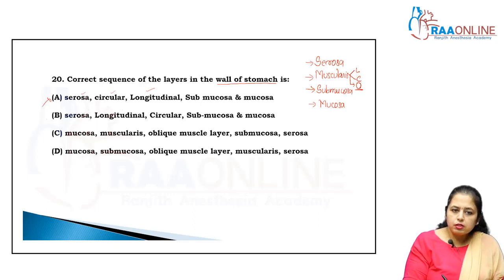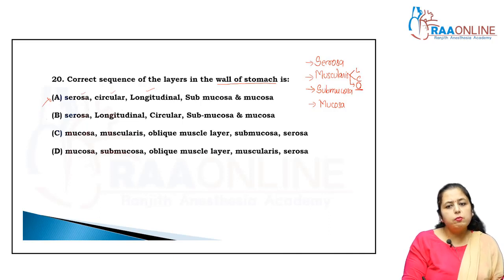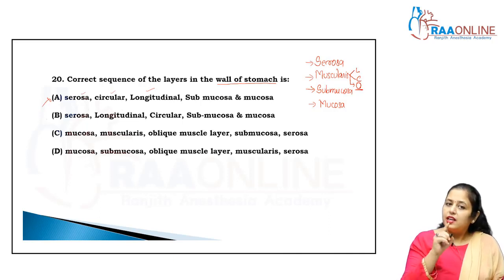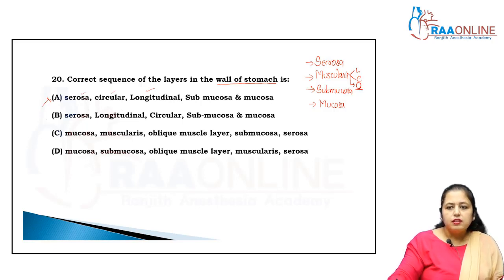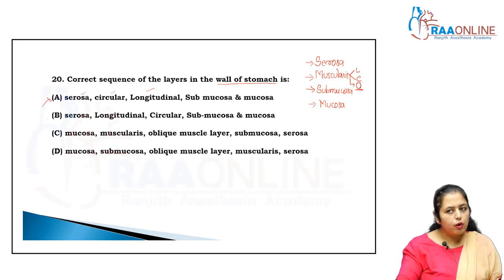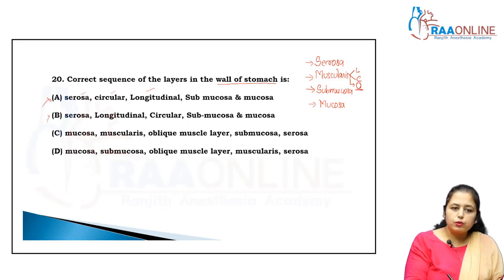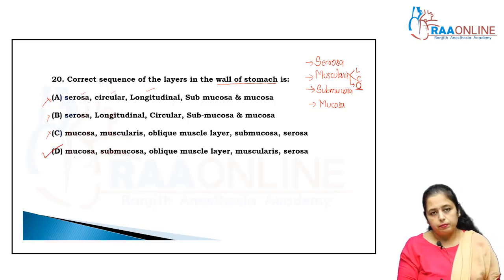In the third, mucosa, muscularis, oblique, submucosa, serosa, the series is wrong. After mucosa there is submucosa, after that oblique, then circular, then longitudinal, that is muscularis, and after that serosa. So this option is also wrong. Now mucosa, submucosa, oblique, muscularis and serosa, so the correct answer is D.